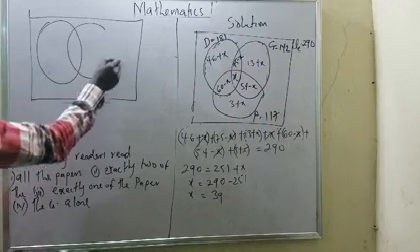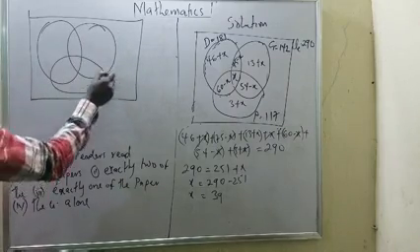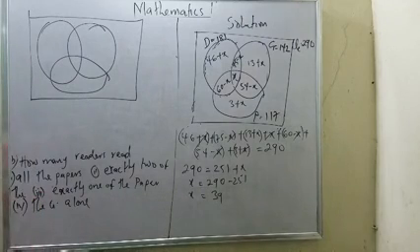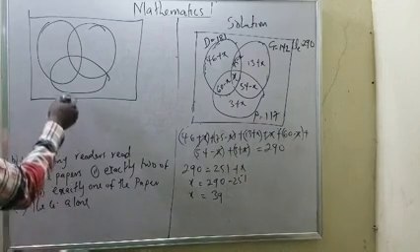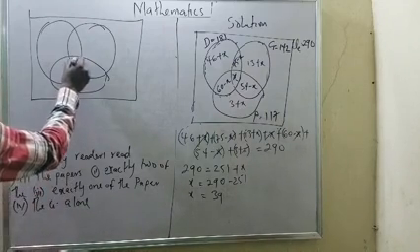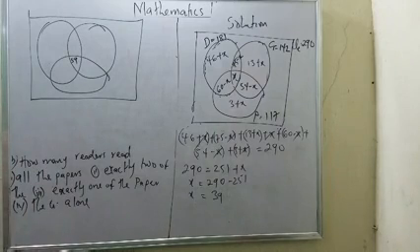Now, this is how many readers read all three papers. This is all the three papers. It means I have 39. That is all the pre-read papers.